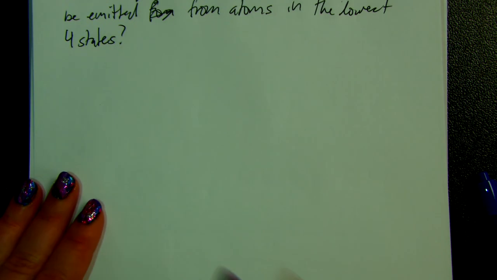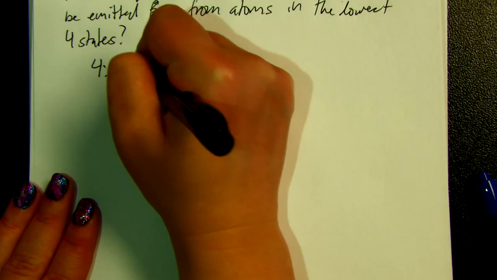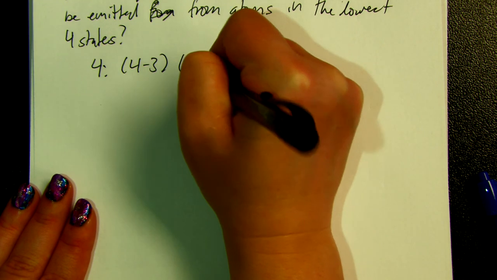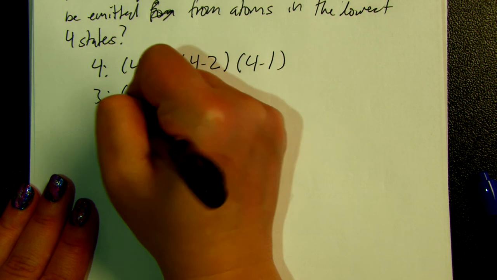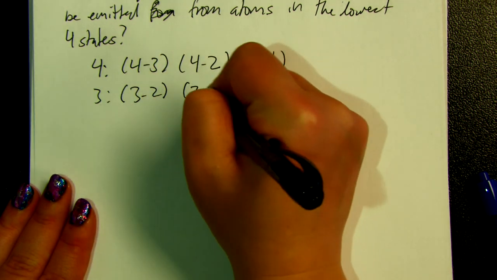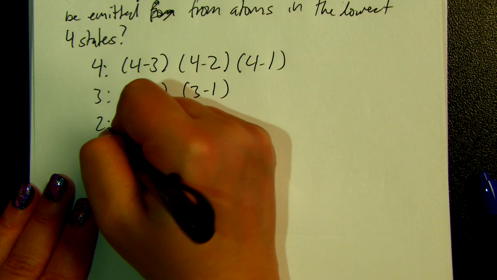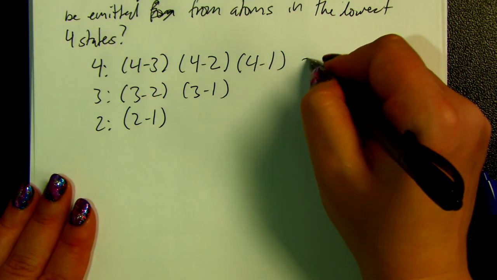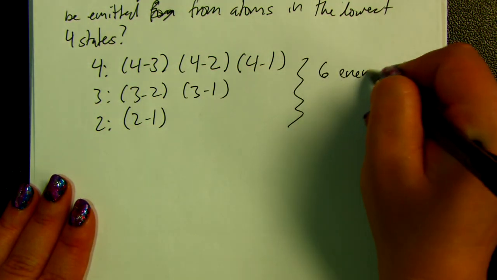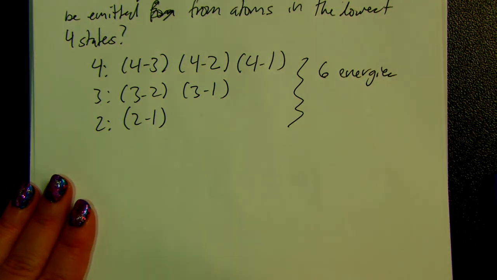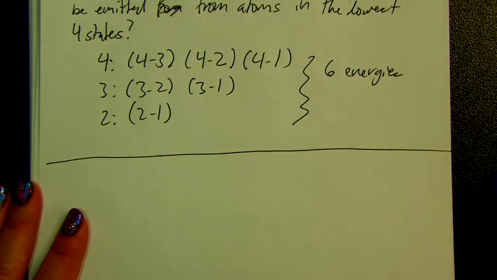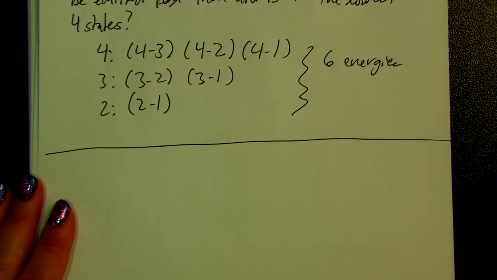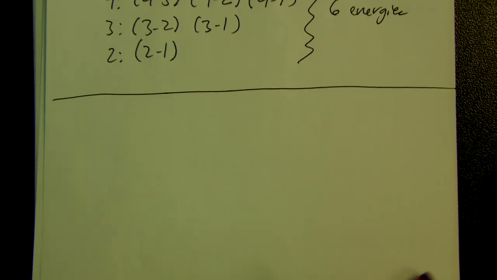All right, we're not going to calculate the energies, but essentially if you had 4, you could go from 4 to 3, 4 to 2, 4 to 1, and then 3 to 2, 3 to 1, and then 2 to 1. So you'd have 6 energies possible for de-exciting from the first 4 states. All right, so you see how to play the game, and then of course you could just calculate these if you wanted to on your own. If it's something you need practice with, I highly recommend doing it.